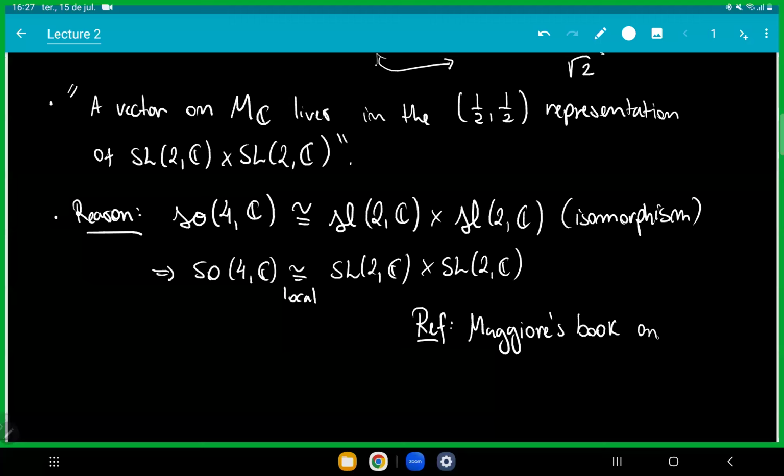I think it's called A Modern Introduction to Quantum Field Theory, or something like that. But if I remember, it's chapter 2, which talks about representations of the Lorentz group, and it talks really in depth and at a level that is very adequate for the average theoretical physicist.